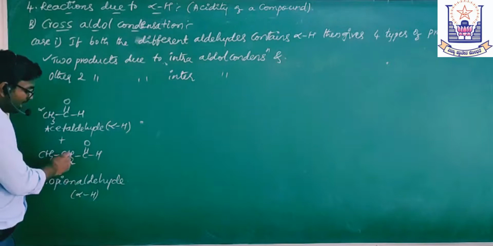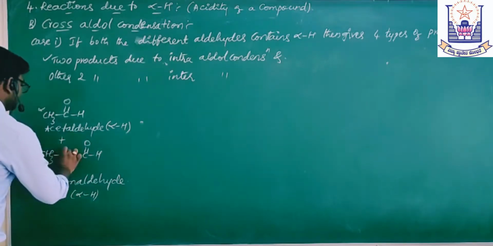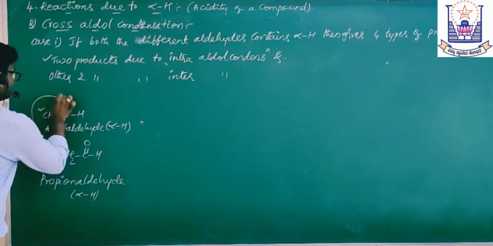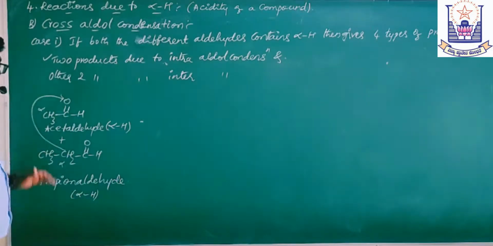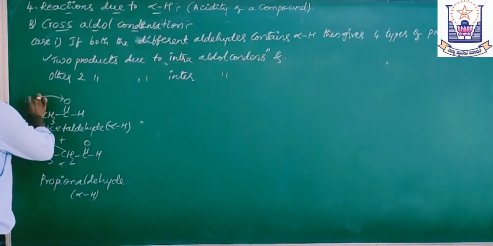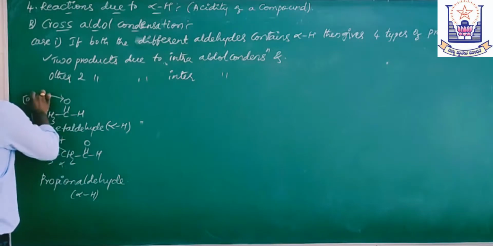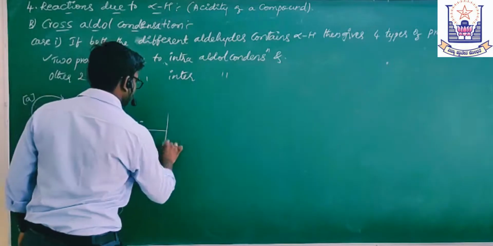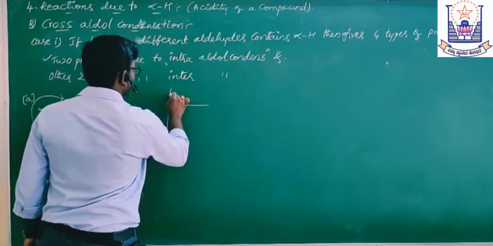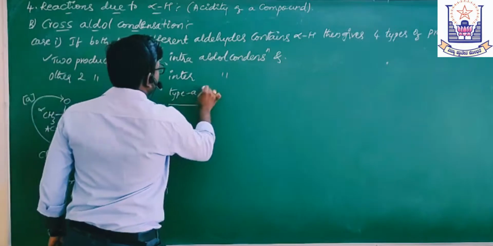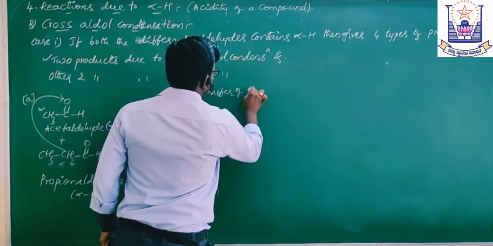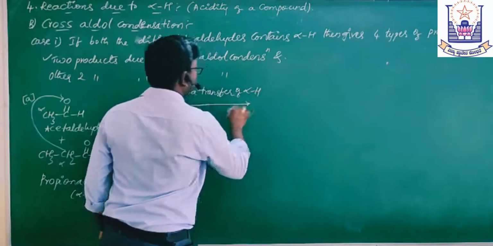If alpha hydrogen is transferred from this to this, this is type A. Let us call this type A transfer of alpha hydrogen.